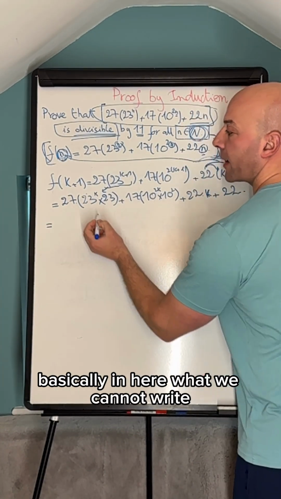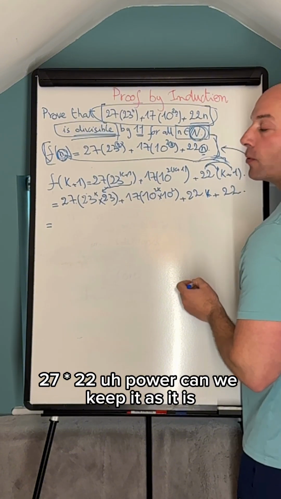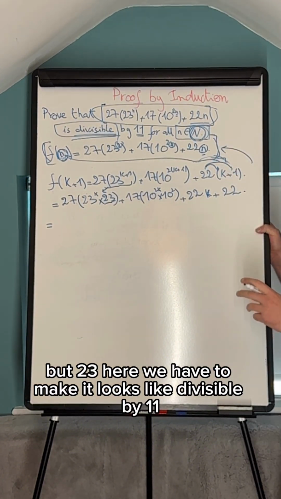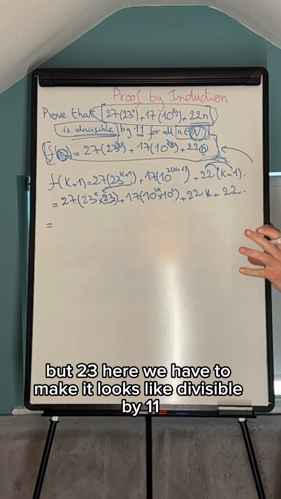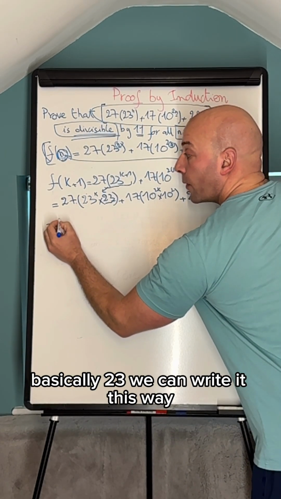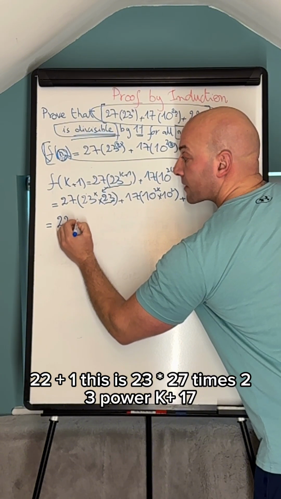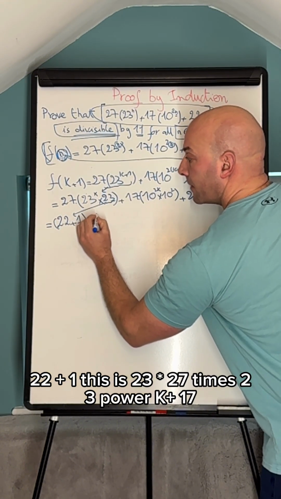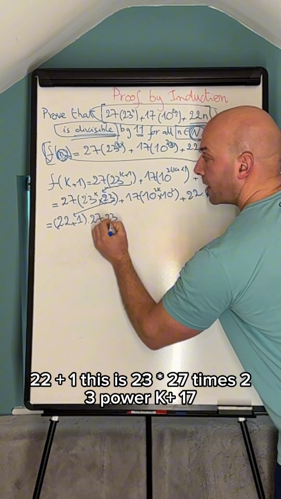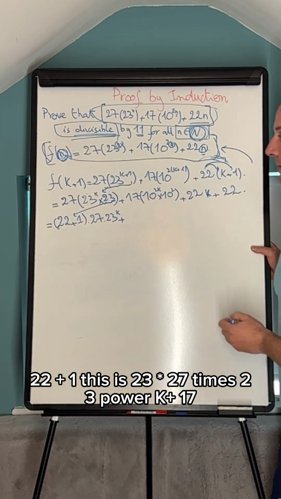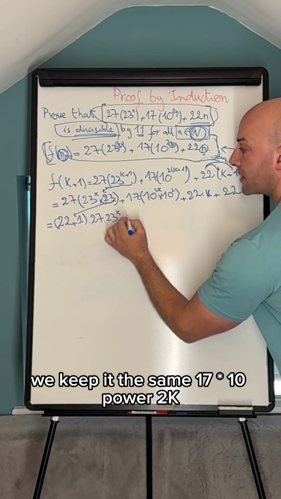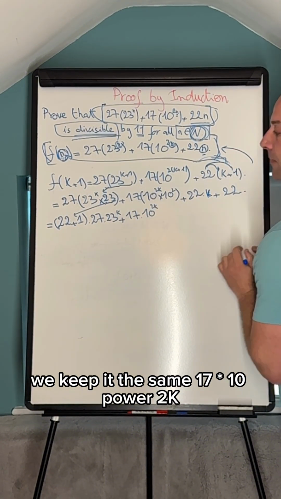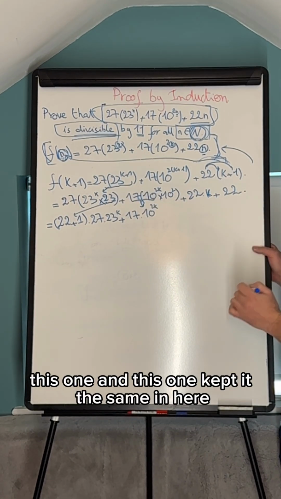Basically in here, what we can write, 27 times 23^k, we keep it as it is, but 23 here, we have to make it look like divisible by 11. Basically 23, we can write it this way: 22 plus 1. This is 27 times 23^k times (22+1), plus 17, we keep it the same, 17 times 10^(2k).